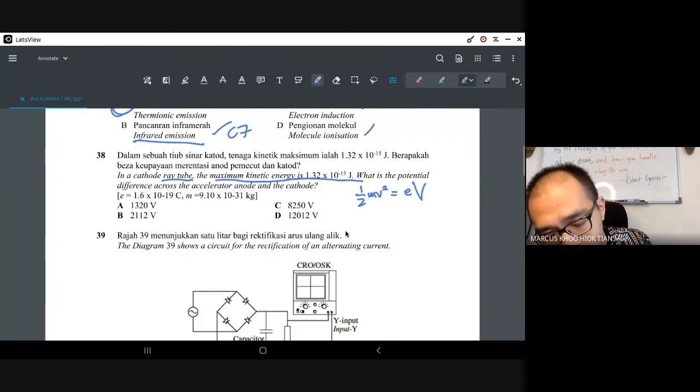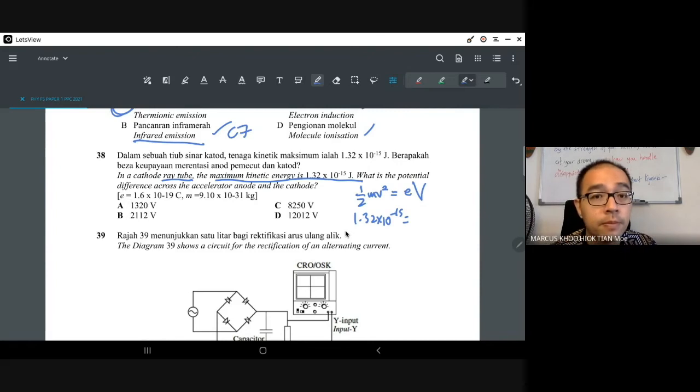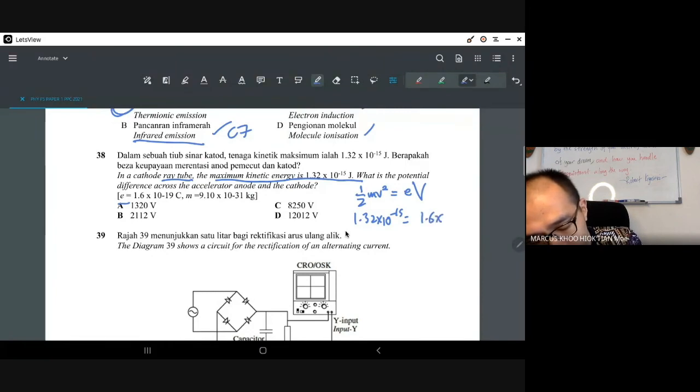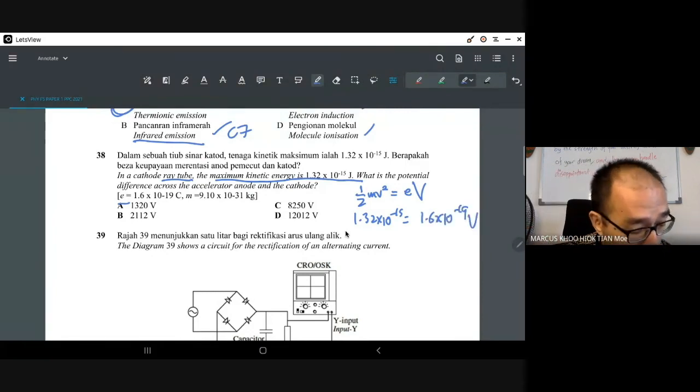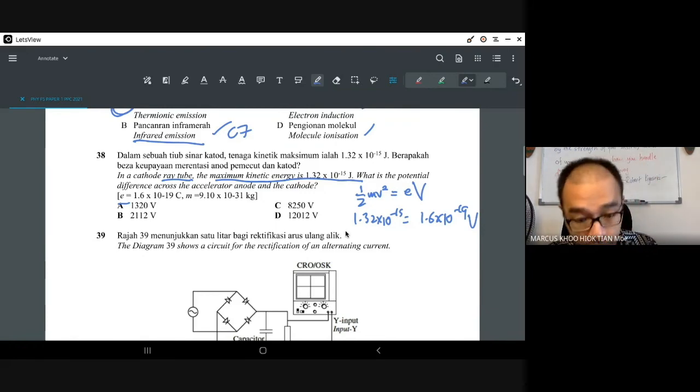The kinetic energy is already given: 1.32 times 10 to the power negative 15 equals eV, 1.6 times 10 to the power negative 19 times V. So 1.32 times 10 to the power negative 15 divided by 1.6 times 10 to the power negative 19 gives 8250.